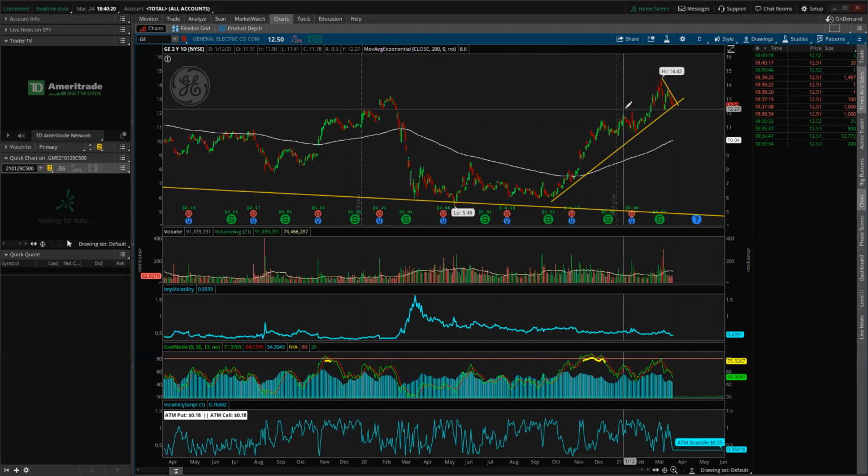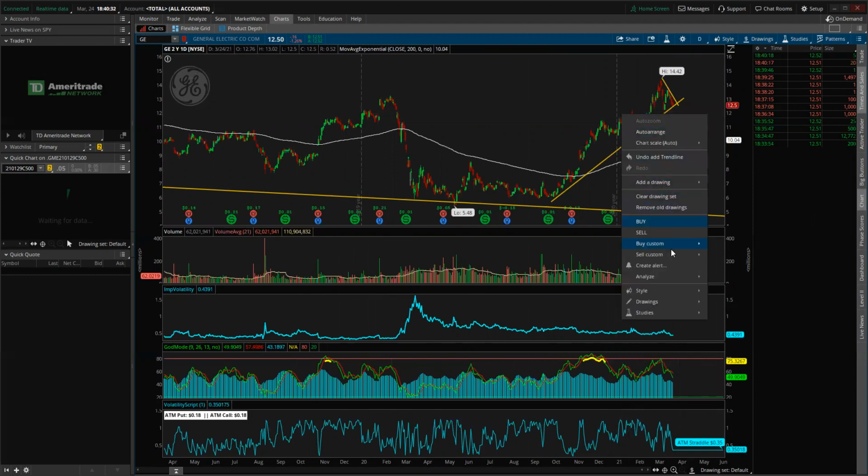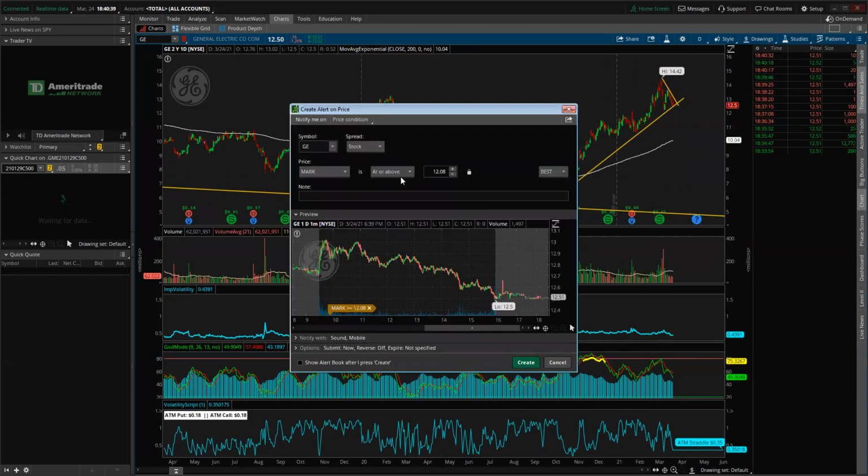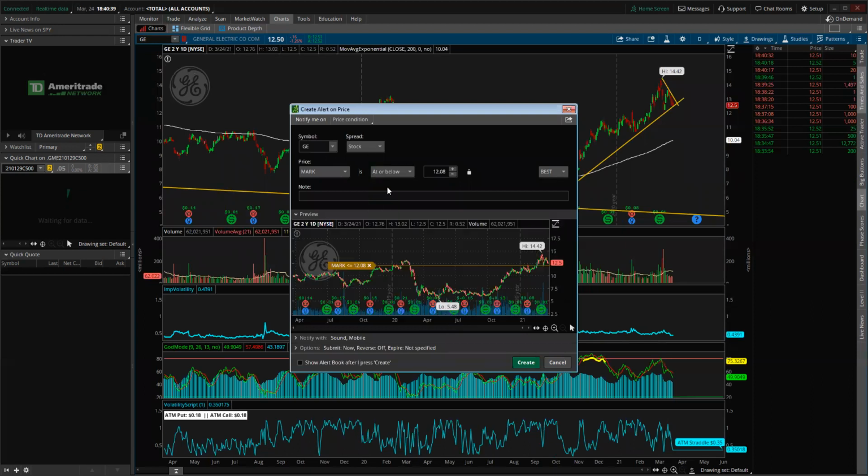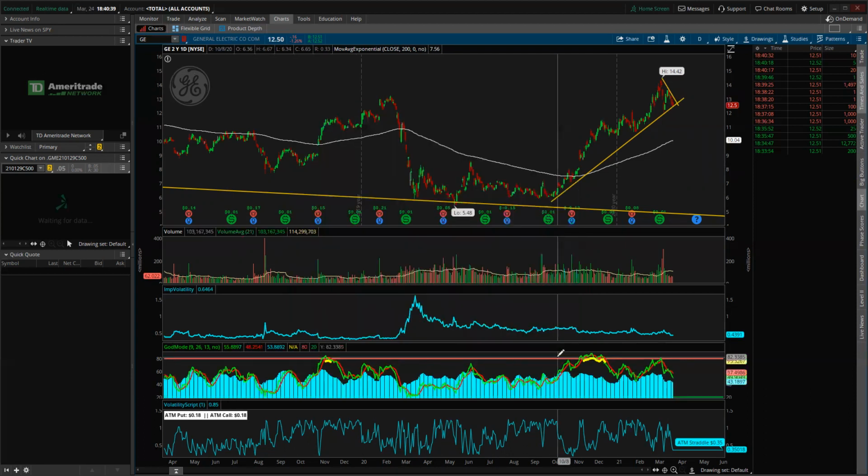If it's around this $12.30, $12 area, set an alert. $12, bang, right-click this thing and create the alert. If you're looking to go bearish, you'll set the alert at or below, and when the stock hits it, boom, you get the alert. You can be setting alerts constantly.